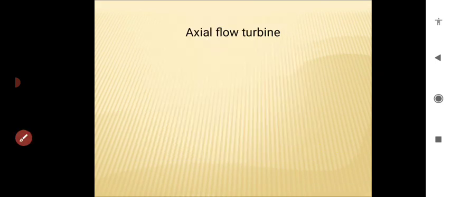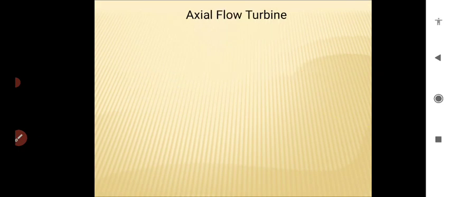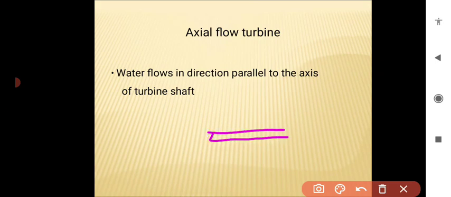Now, axial flow turbine. Water flows in the direction parallel to the axis of the turbine shaft. Suppose you assume this as a turbine shaft and the water also flows parallel to it.